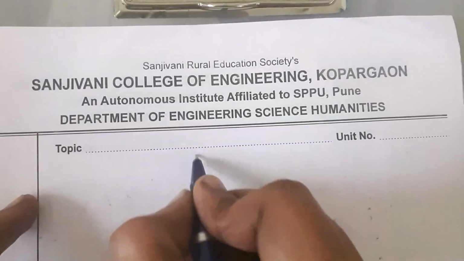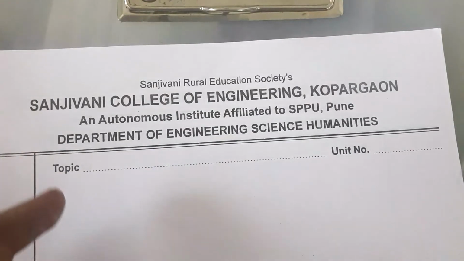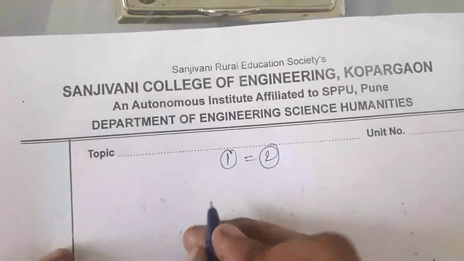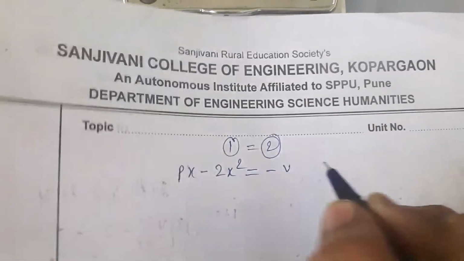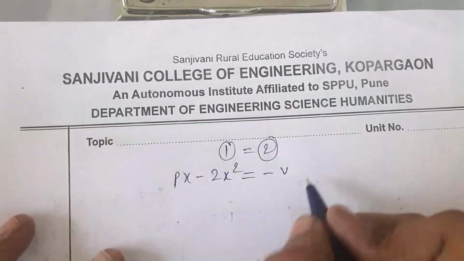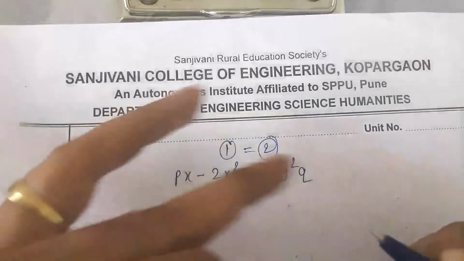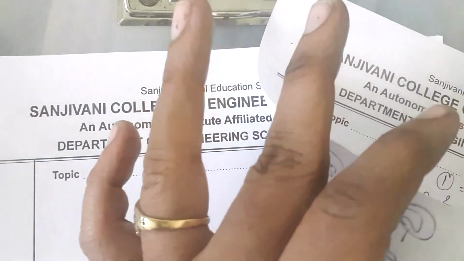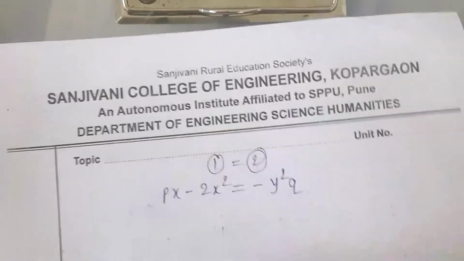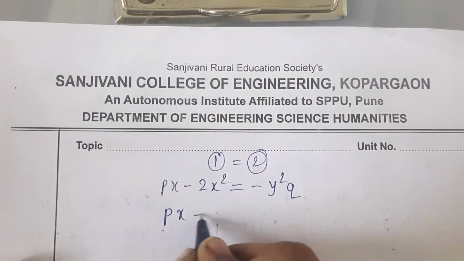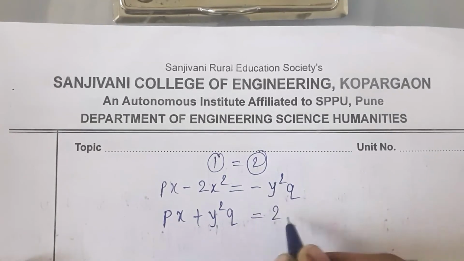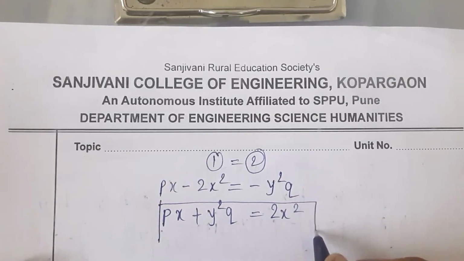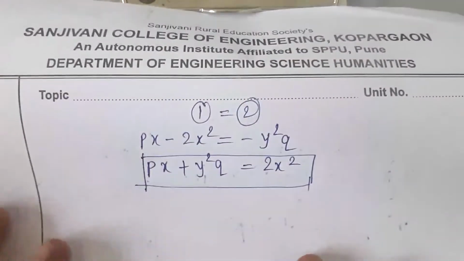Now equating 1 and 2, we get px minus 2x square is equal to minus y square into q. So px plus y square into q is equal to 2x square. This is the differential equation which we obtain after eliminating the given arbitrary function.